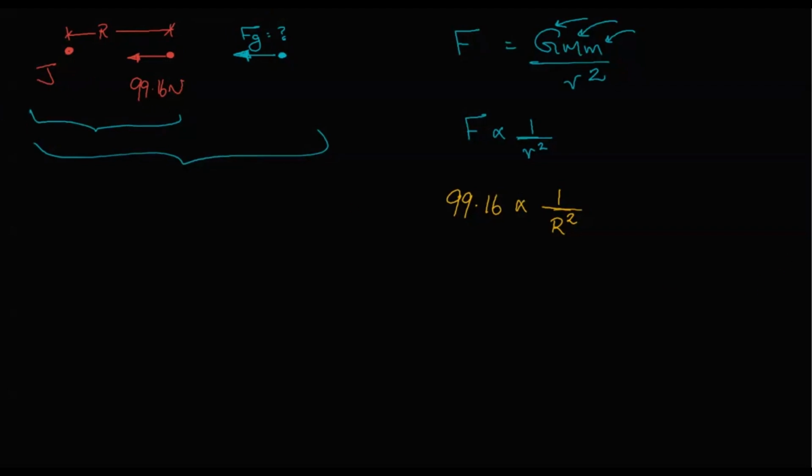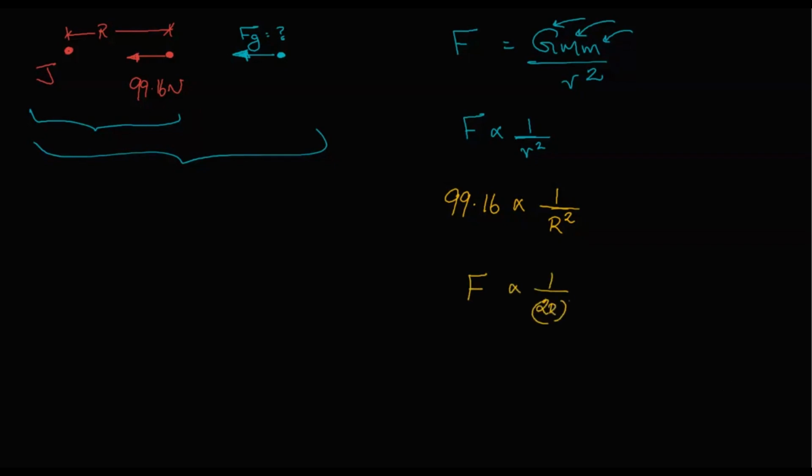So using this proportionality, we can say that 99.16, which is the force, is proportional to 1 over r squared. And the other force is proportional to 1 over 2r whole thing squared, which is proportional to 1 over 4r squared. So what we can do is use the math itself.